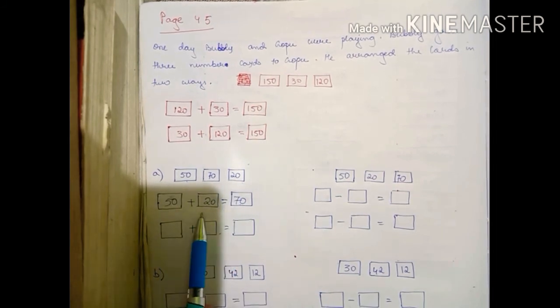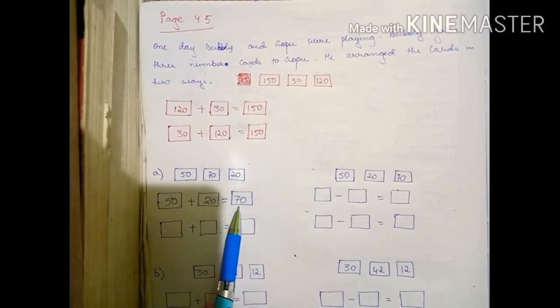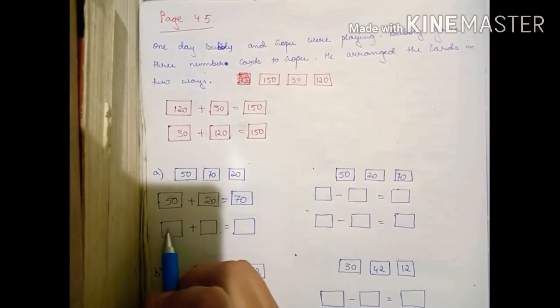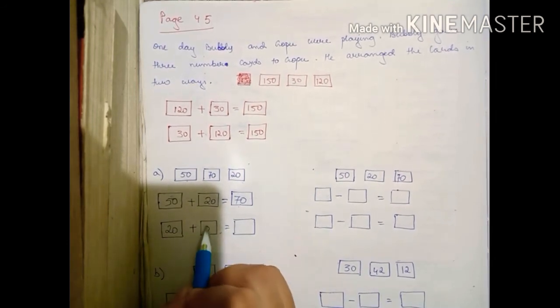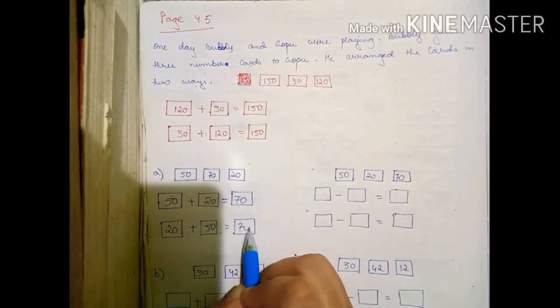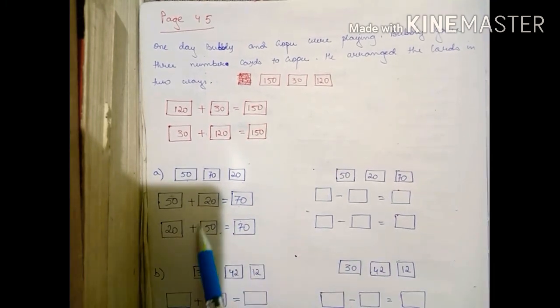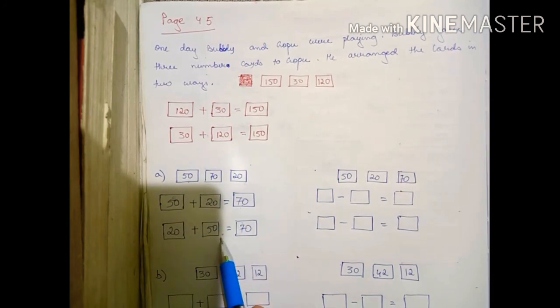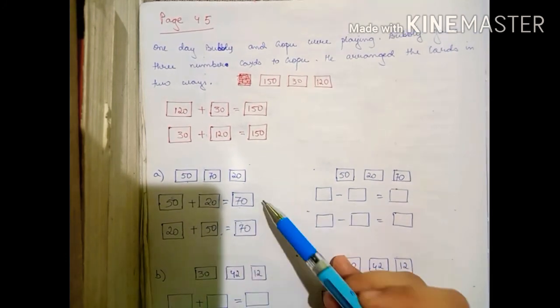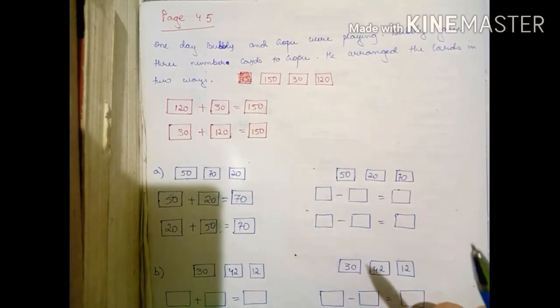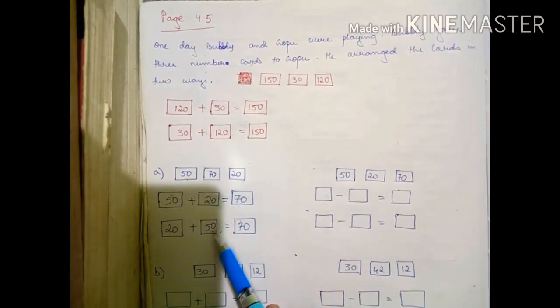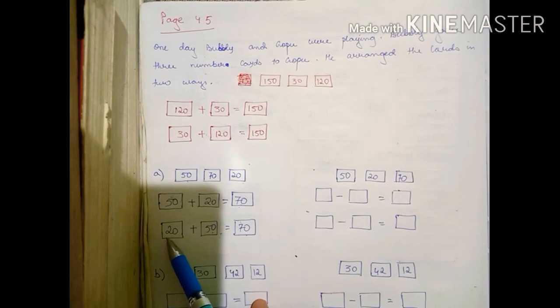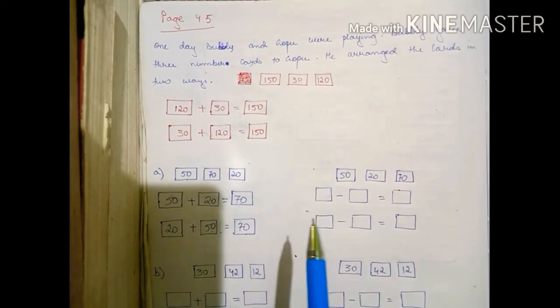Again we can solve here: 20 plus 50 will give 70 again. See, we are using only these three numbers and solving in two different ways, but the answers are the same. There's no difference, right? We are not using any different number.